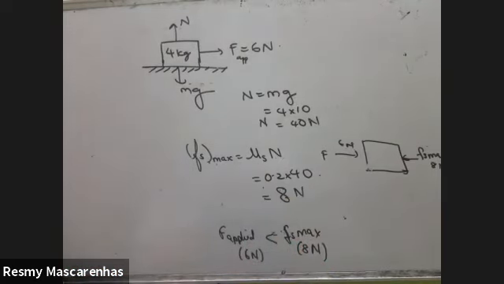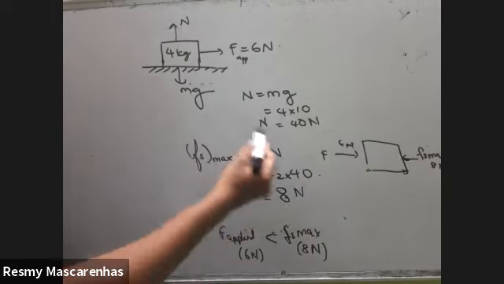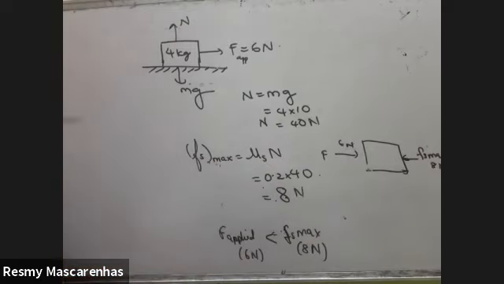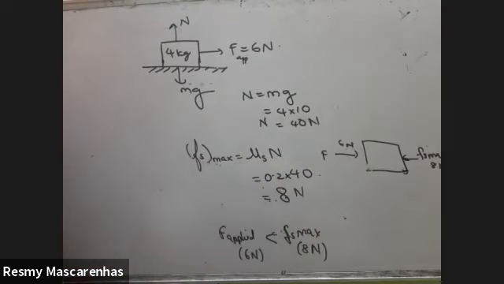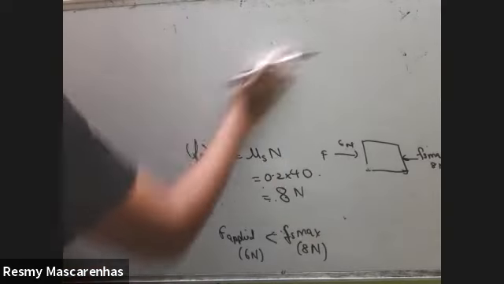So the body is moving or not moving? Looking at this condition, tell me, is the body moving? Not moving. So this is anyways the frictional force which you have already calculated. Right now it is 8 Newton because there is no other force. So body is not moving.